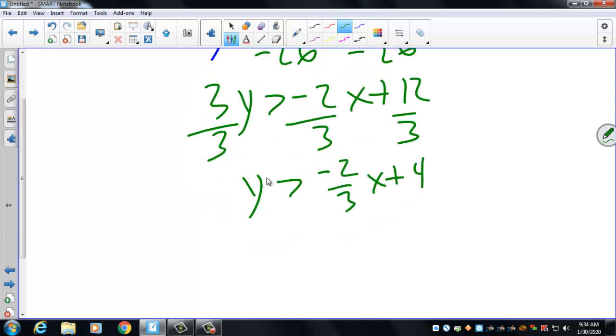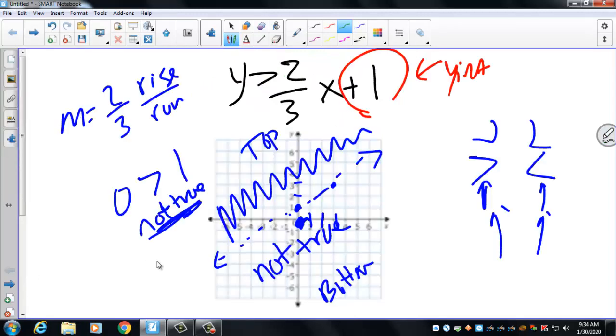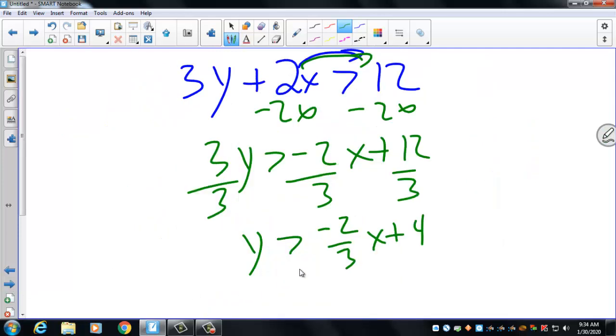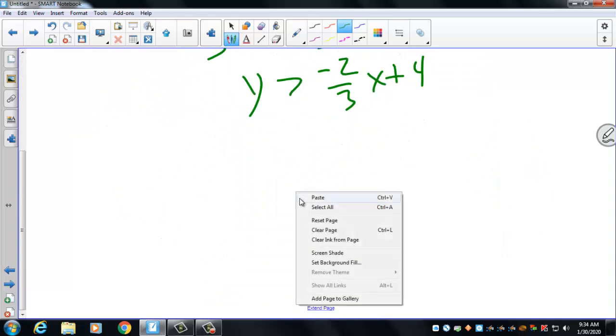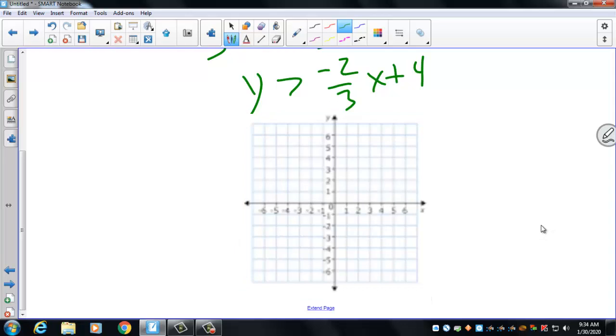Now, how do I graph that? We're going to go to Connor. Go. All right, so first you go to your y-intercept, which is 4.